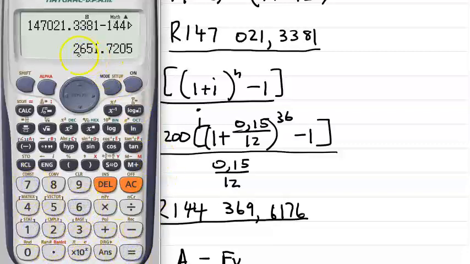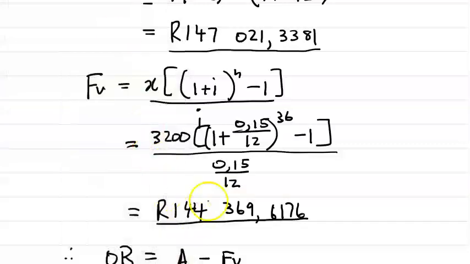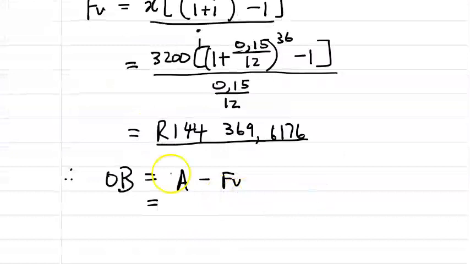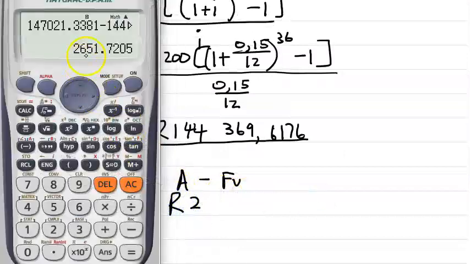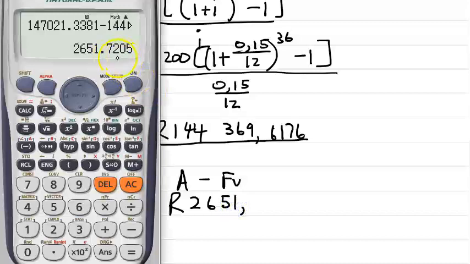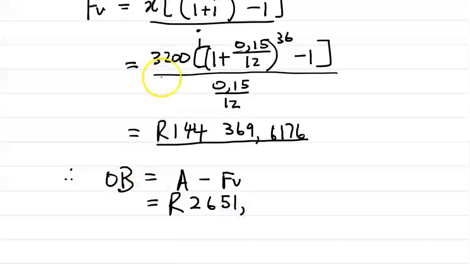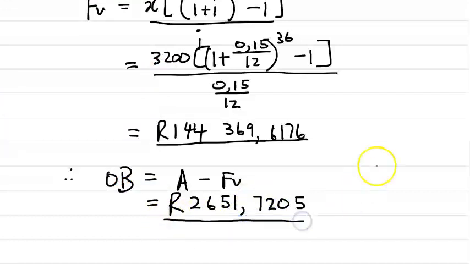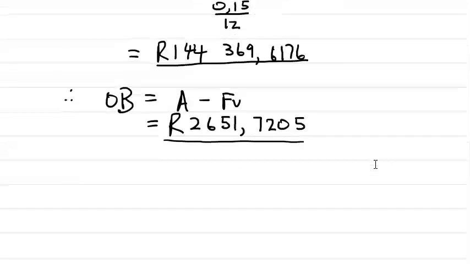That's equal to 2,651 rands. Let's write that down. 2,651 rands, and we got .7205. This is the outstanding balance on the loan after the 36th payment.